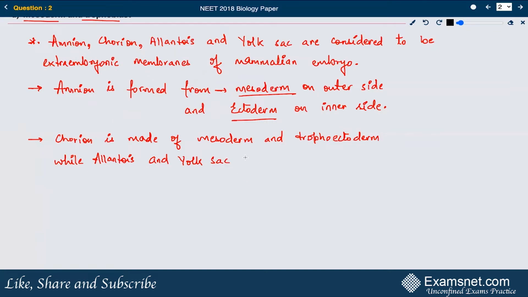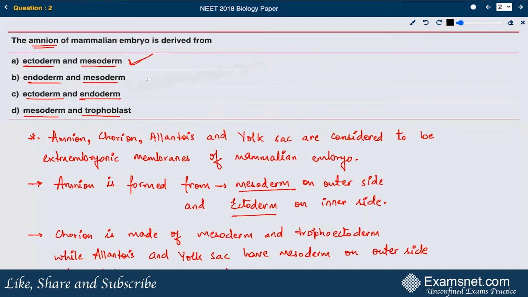So allantois and yolk sac have mesoderm on the outer side and endoderm on the inner side. All right, so this is regarding the origin of the other extra embryonic membranes. But since here it is asking only about amnion, the correct answer is option A.